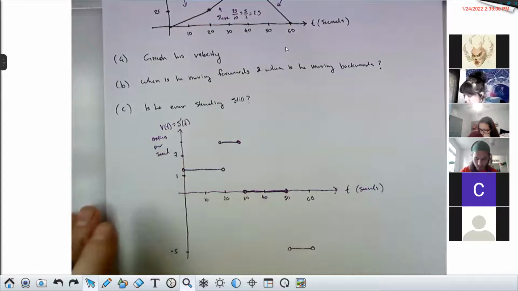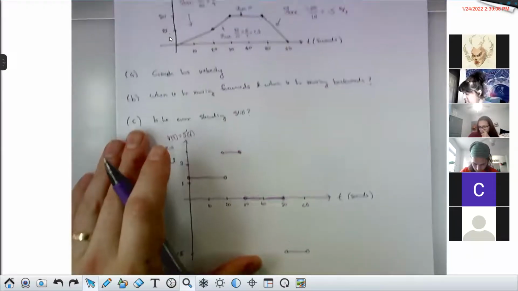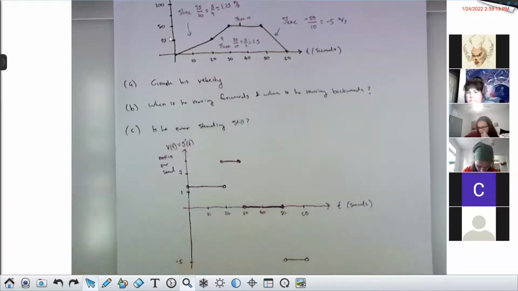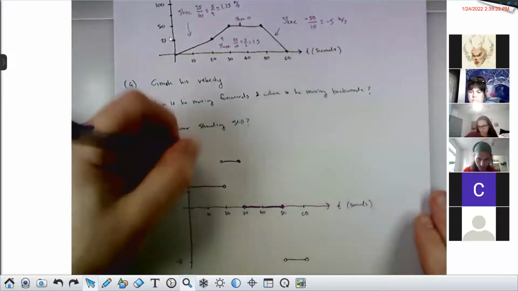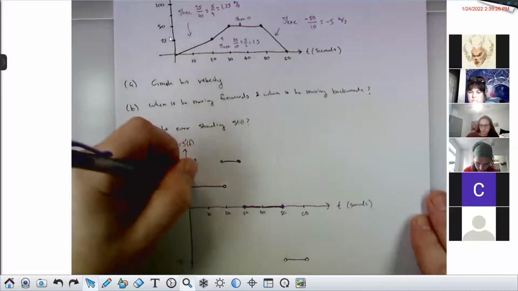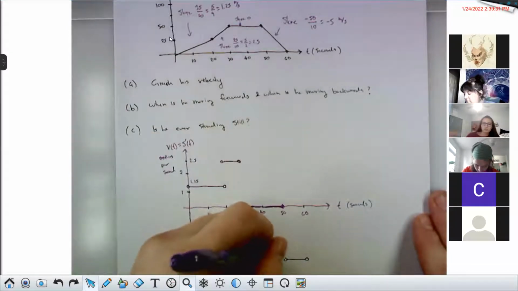So this would be a reasonable graph of the derivative of that function. Right? This right here is the derivative or velocity for the position function graphed in part A. And the y values here, this was 2.5, this was 1.25. The y value here is negative 5.